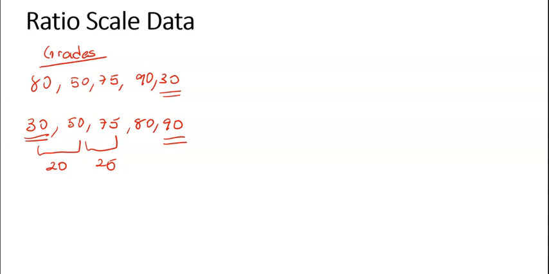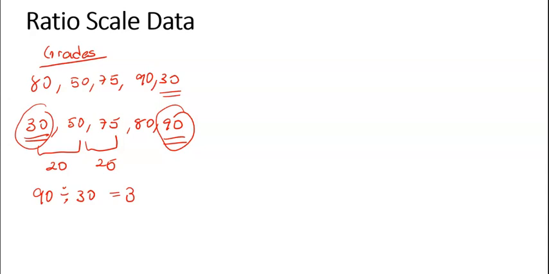We can see the differences are measurable, and we can also measure the ratios. For example, I can divide 90, the highest grade, by the lowest grade, which is 30, and find 3, and I can say this student got 3 times higher than this student. So it makes sense now.